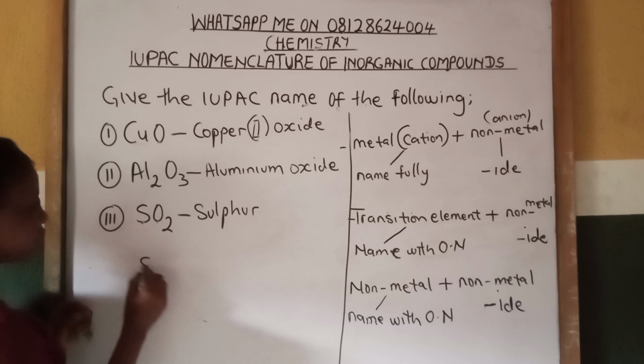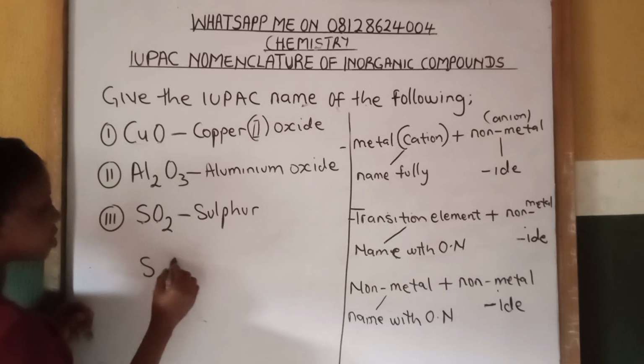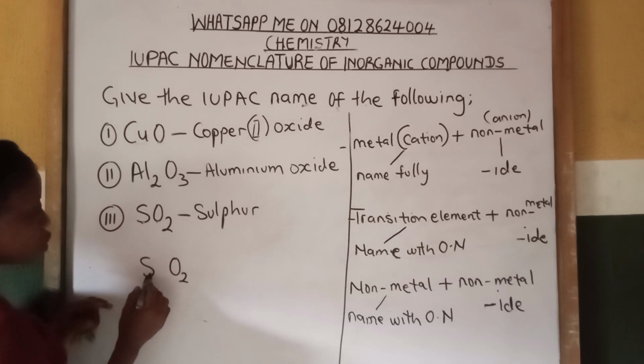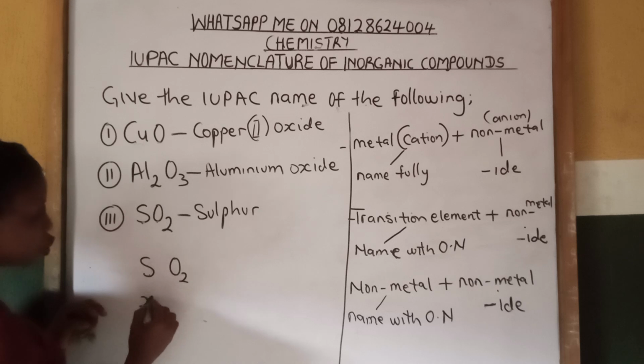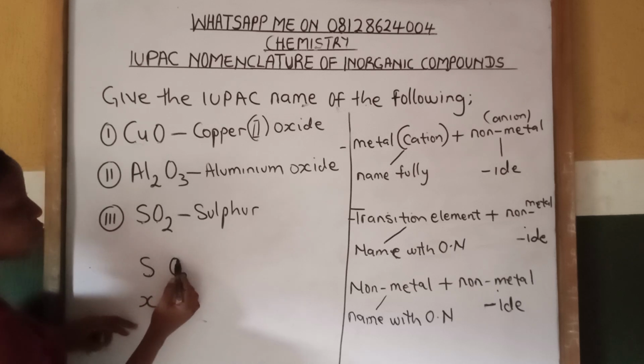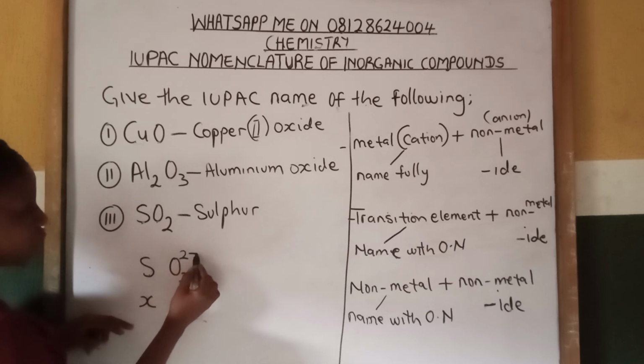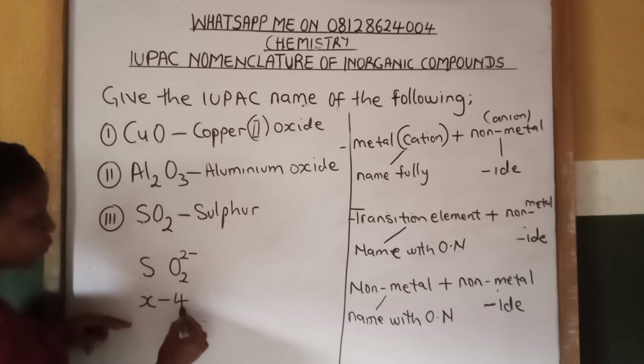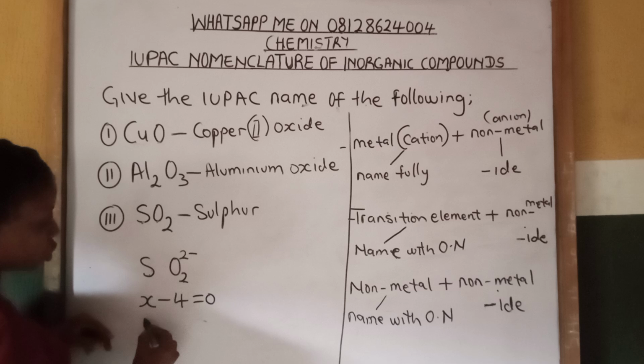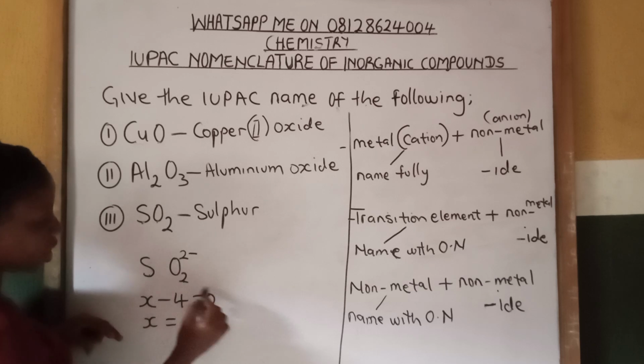So let's calculate the oxidation number of sulfur. It is SO2. We are looking for sulfur, so let's change it to unknown. The valence of oxygen is 2 minus. So minus 2 times 2 gives us minus 4, and X plus minus 4 equals 0. So X equals, bringing minus 4 to this place, +4.